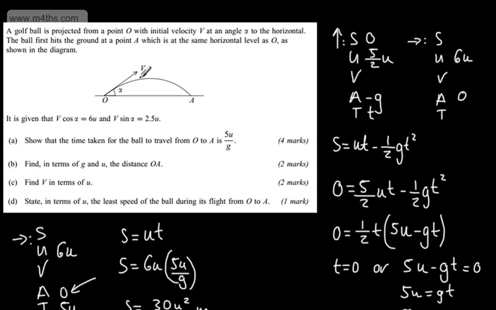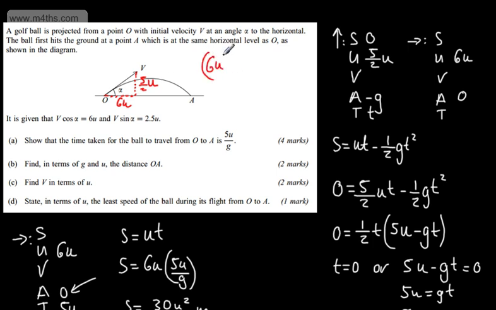Okay, we're now asked to find v in terms of u. The question carries 2 marks. If we think about this, we've got horizontal and vertical components just here. So what I've got then is the following. I know that at this point right here, we're going to have the 6u. So we're going to have 6u in this direction, and we're going to have 5 over 2u in that direction.